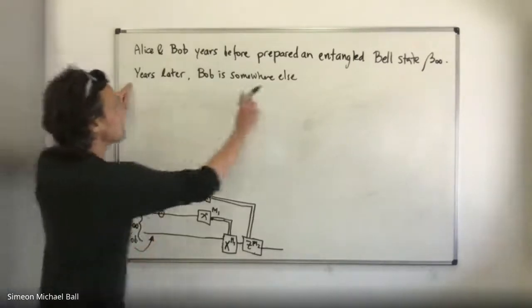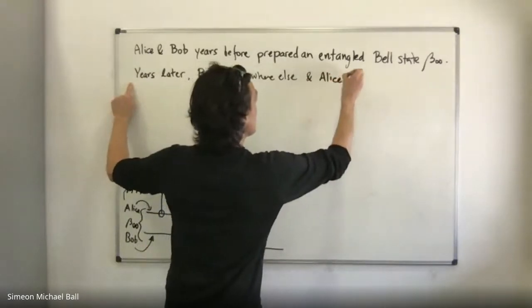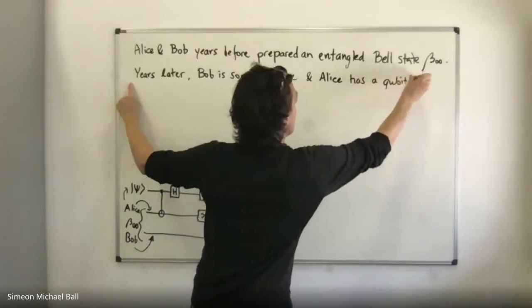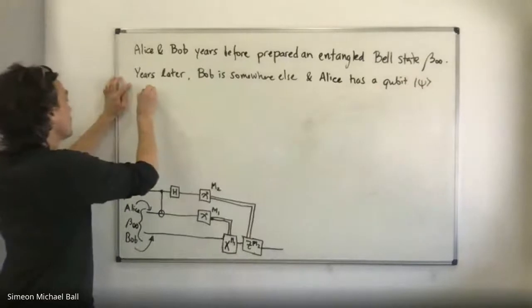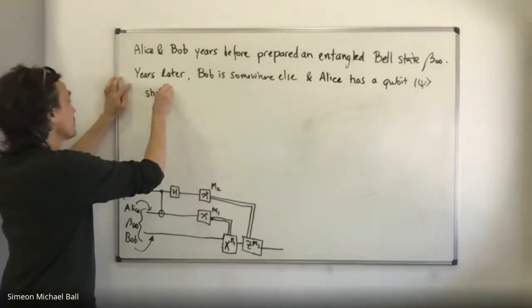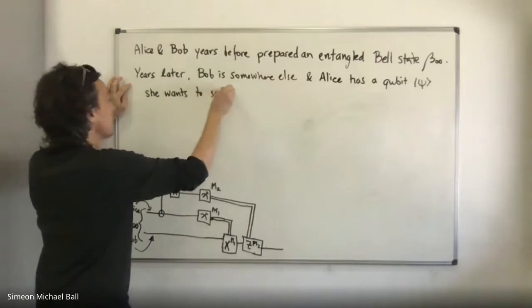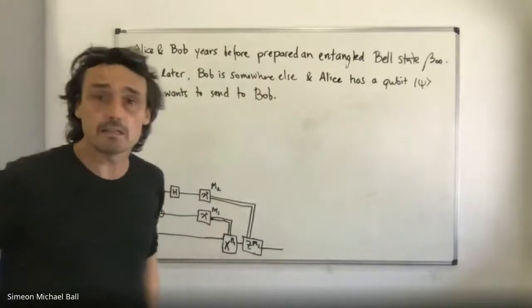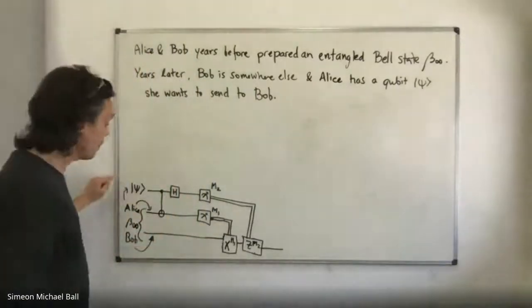So years later, Bob is somewhere else, and Alice prepares a qubit, and she will instantaneously teleport it, because if we follow this circuit through, let's see what happens.